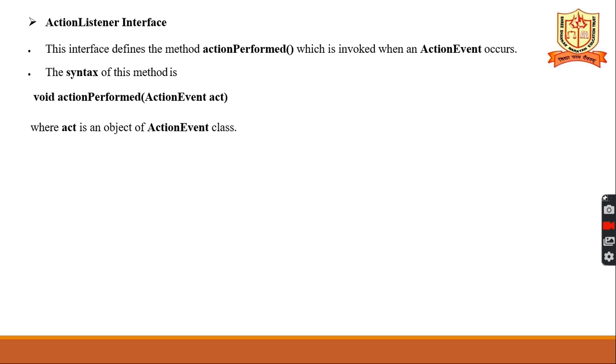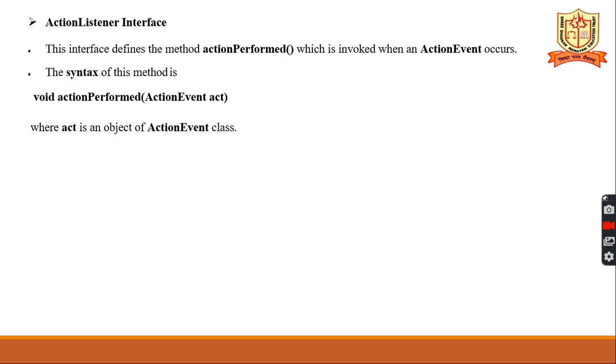So the first one is action listener. In the previous video I explained when the action listener will be activated. When you are pressing the button, or clicking on the menu item, the action listener will be used. This interface defines the method actionPerformed, which is invoked when the action event occurs.